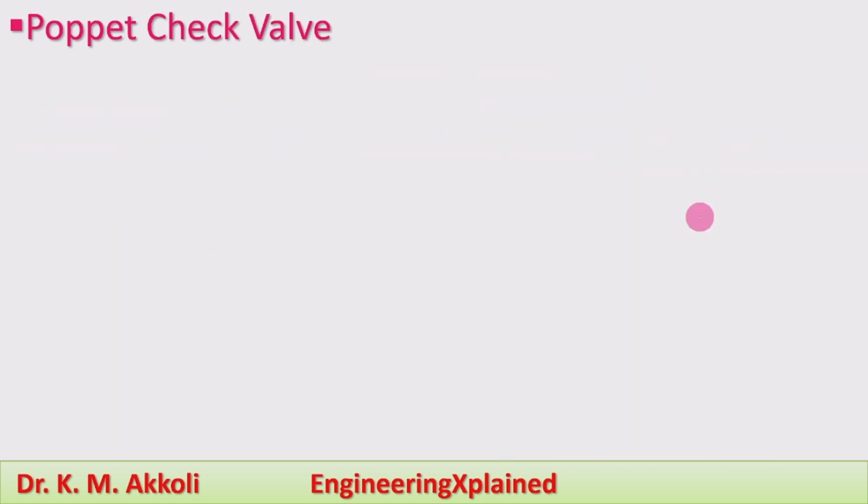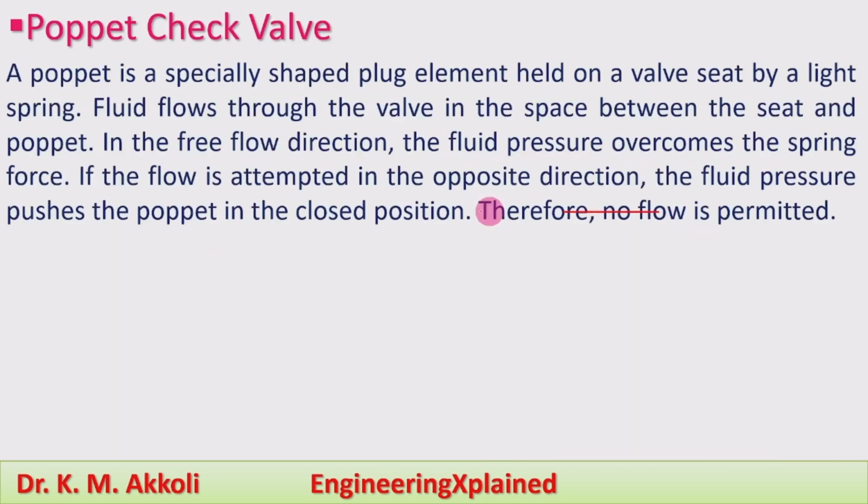Next we'll take the poppet check valve. In the poppet check valve, the element is a particular type called a poppet. A poppet is a specially shaped plug element held on a valve seat by a light spring.